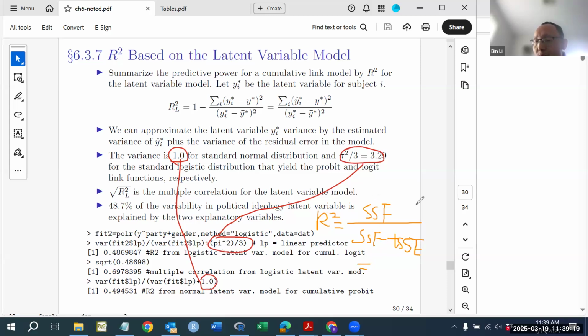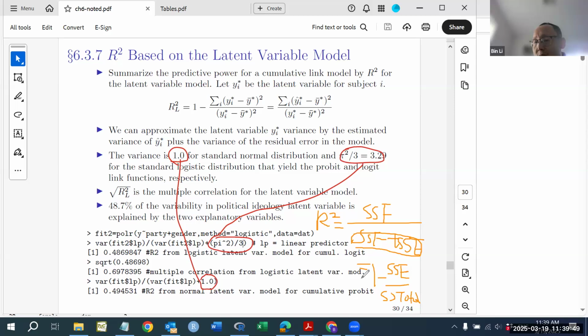If you do not feel comfortable with that, it's the same as 1 minus the SSE, the sum of squares error, divided by the SS total, the sum of squares for the total. Most textbooks use this formula, 1 minus SSE over SS total.